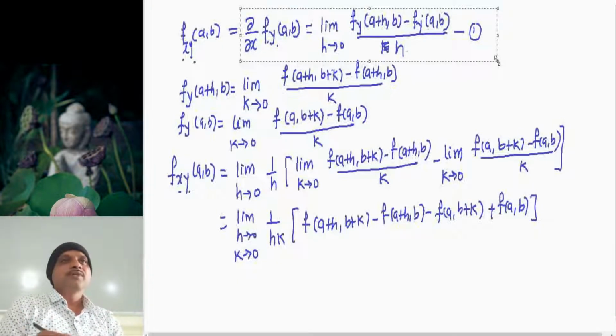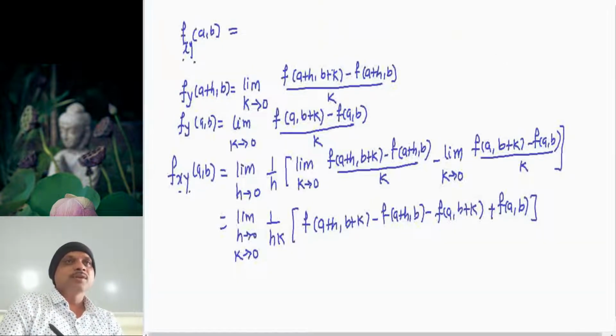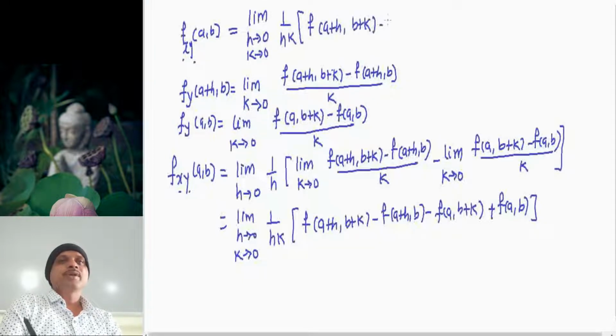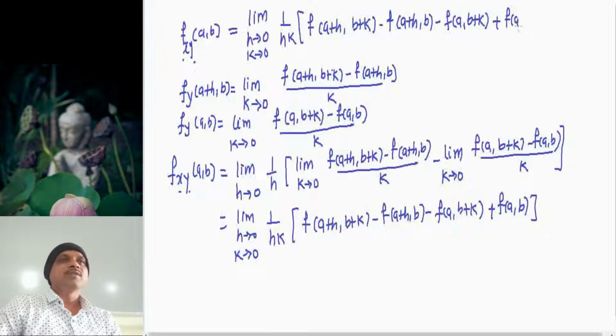So we have this value equal to the limit h tends to 0, k tends to 0 of 1 divided by hk into f(a plus h, b plus k) minus f(a plus h, b) minus f(a, b plus k) plus f(a, b). So this is our value with respect to xy.